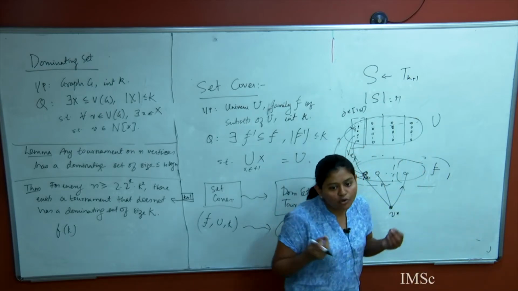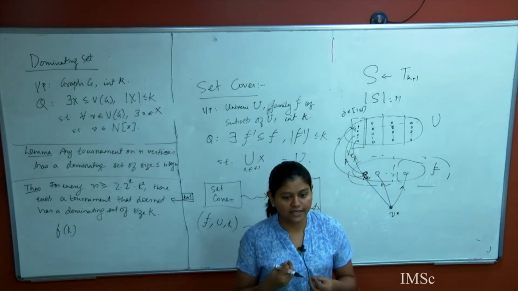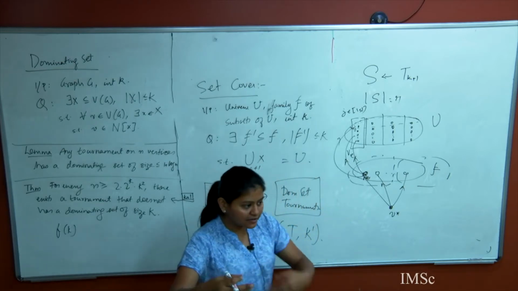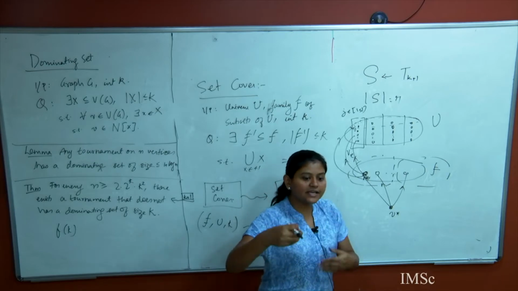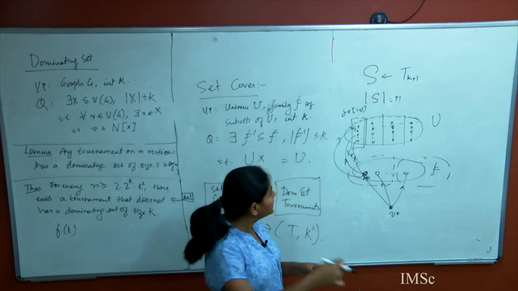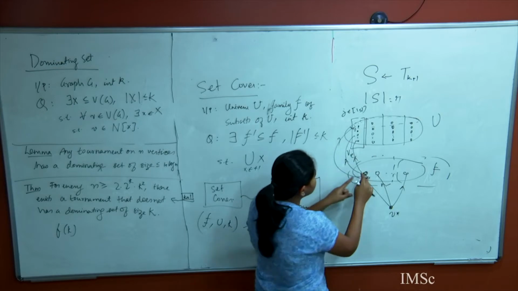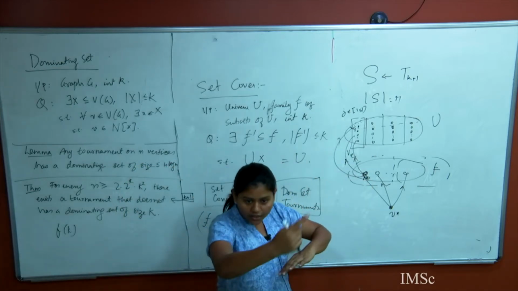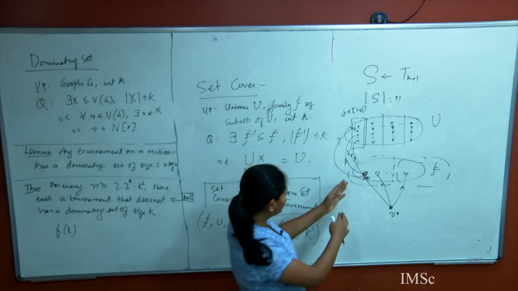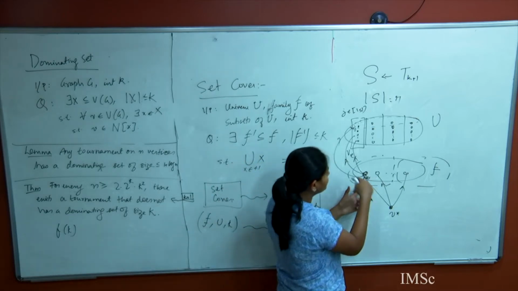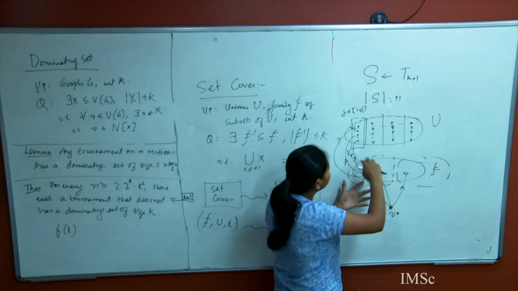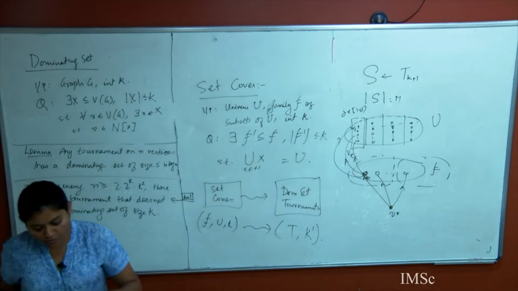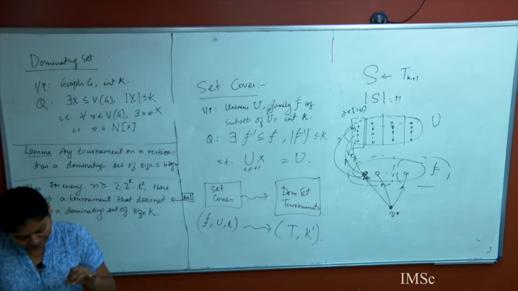And this happens only if the set contains that element. So look at an element E from the universe and a set F: if this set contains this element E, then I add this edge. So in a sense, that set can cover this element, and here the vertex corresponding to that set can dominate those vertices, right? Okay, so this is why we add such edges.